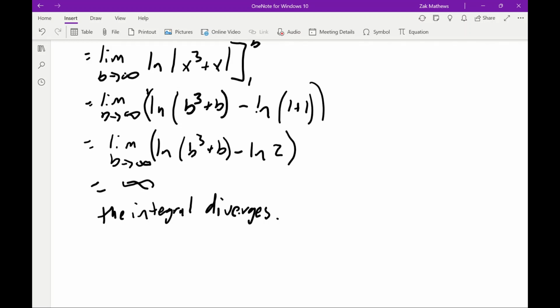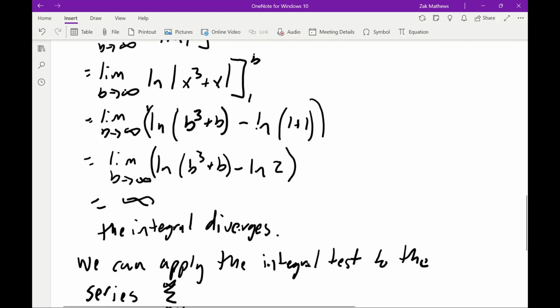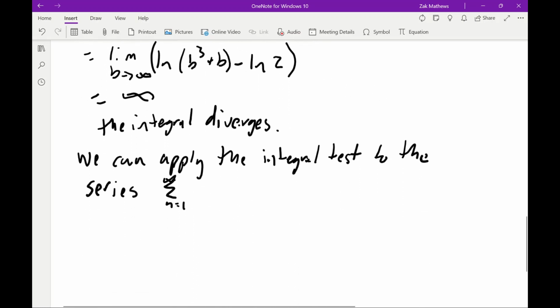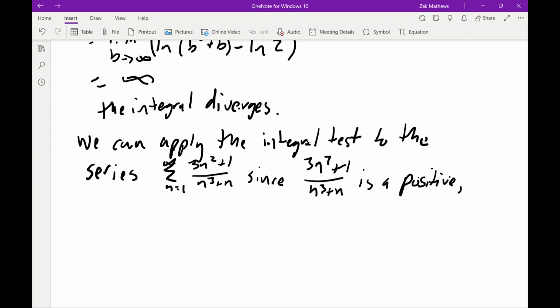And so what we would say is we can apply the integral test to the series summation n equals 1 to infinity of 3n squared plus 1 over n cubed plus n, since 3n squared plus 1 over n cubed plus n is a positive, continuous, and decreasing sequence.